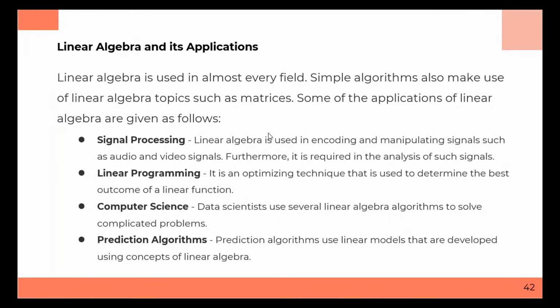I hope all of you have basically understood what is an equation. We spoke a lot of things, but what is an equation? An equation is a formula. So what is a formula?